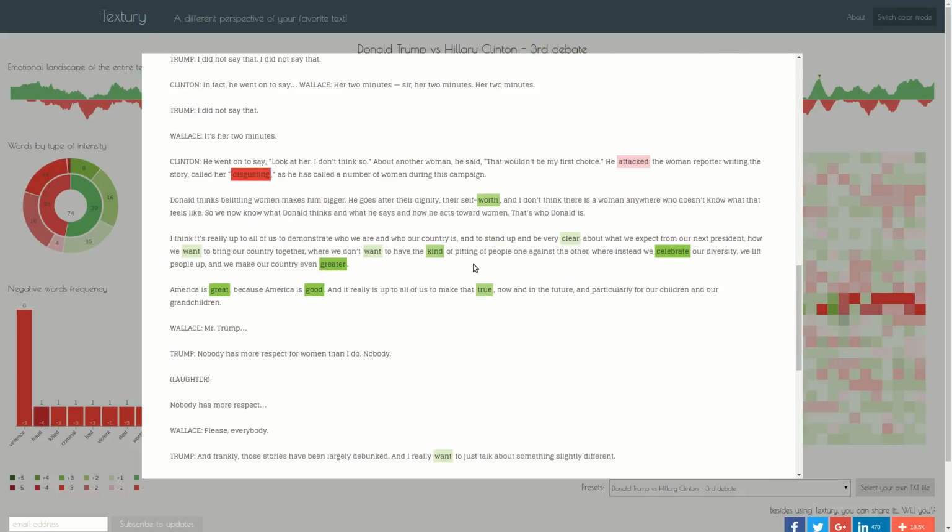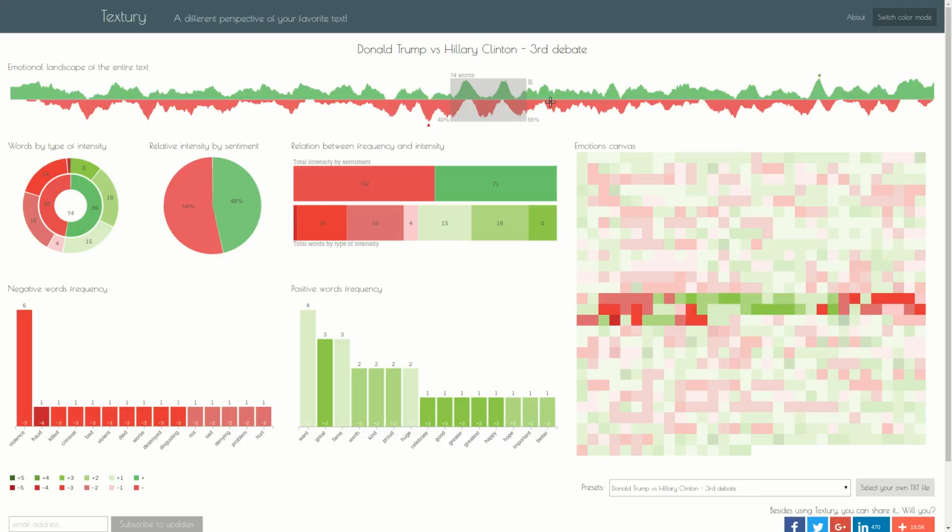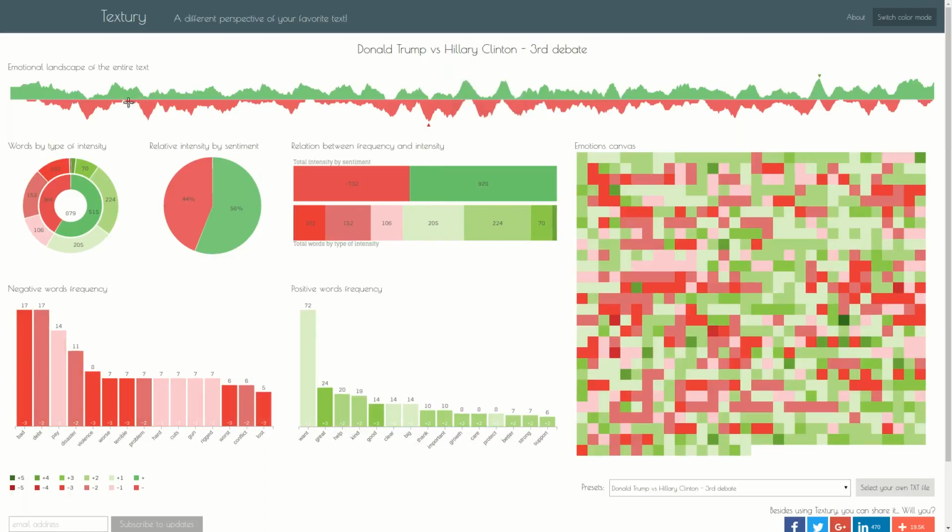And then the second positive peak goes to Clinton. She tries to speak more positively. But this is only about this part of the text. If you analyze the whole debate, you will see that they switch roles. So sometimes Clinton is negative, Trump is positive, and so on.